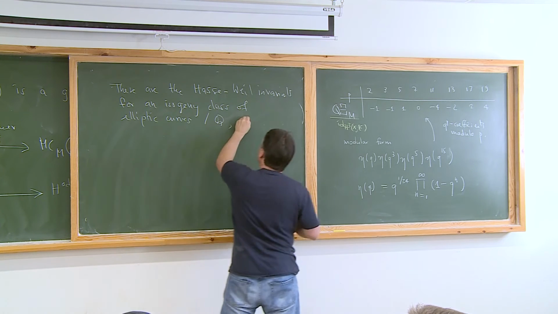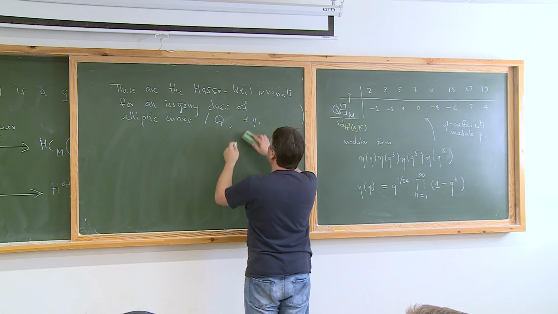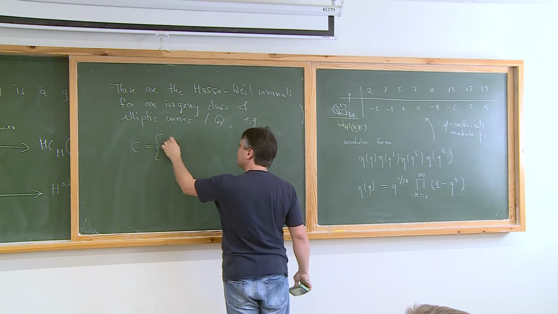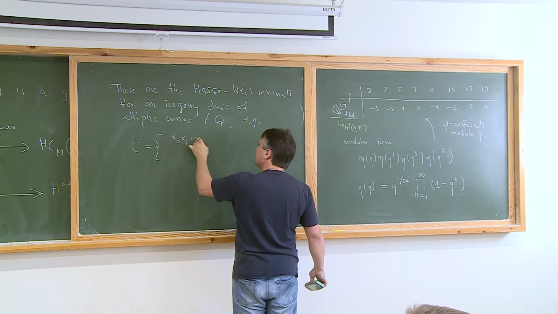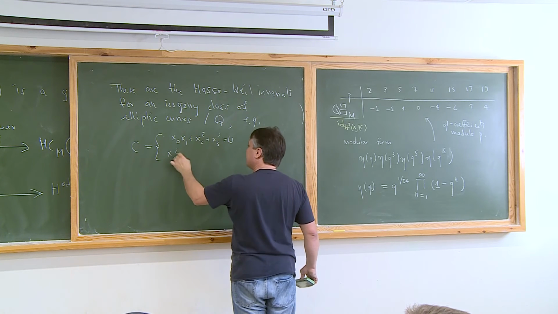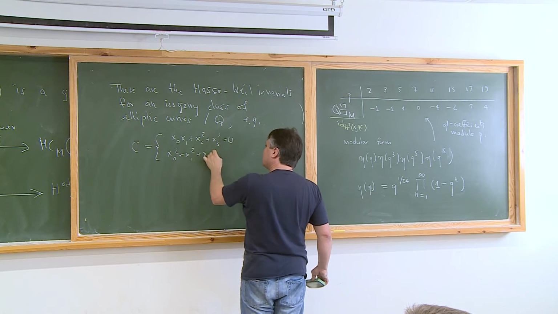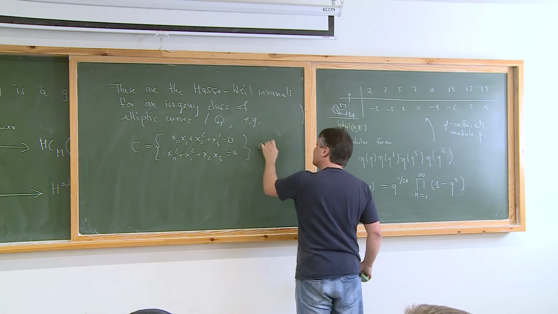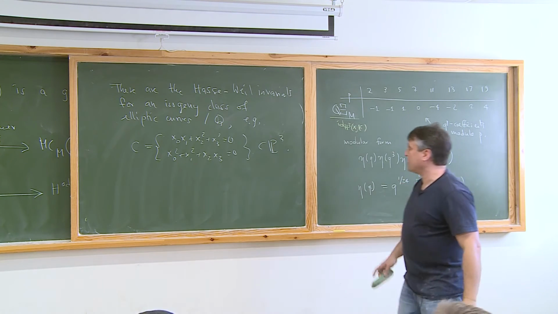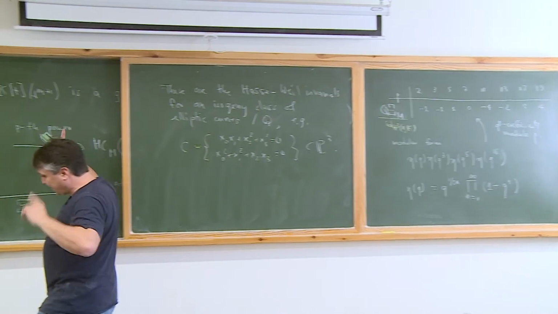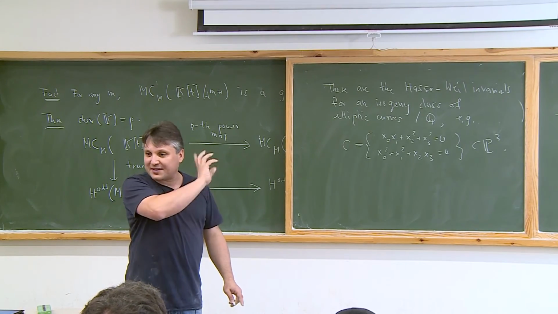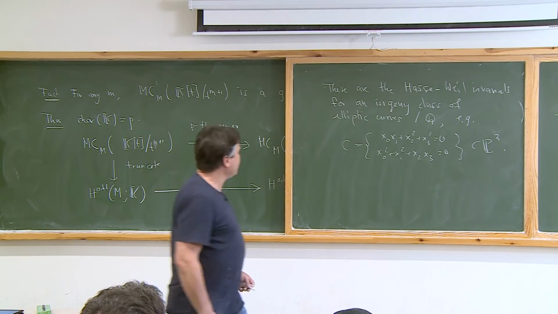For example, this is the genus 1 curve, the one that I can remember easily: x0 x1 plus x2 squared plus x3 squared equals 0, x0 squared plus x1 squared plus x2 x3 equals 0. This is the linear set. So these are the Hasse-Weil invariants over this. Because of the connection that I made, this elliptic curve should somehow be in the mirror.